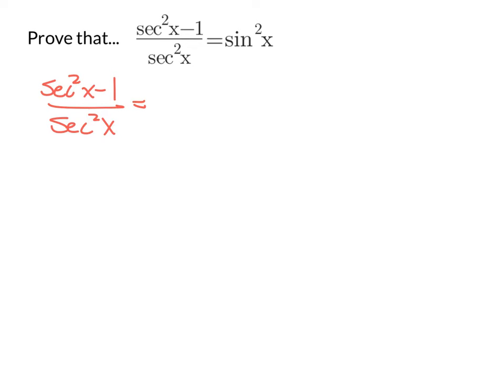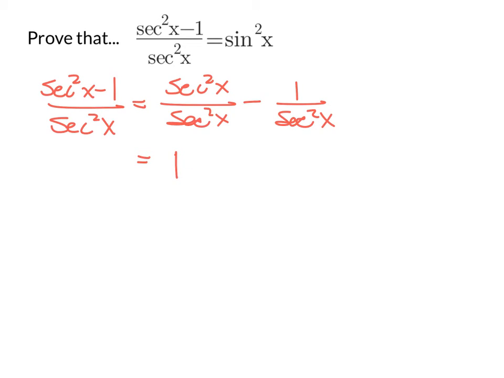But what I'm going to do is take this fraction and split it up into two separate fractions. Meaning I'm going to use secant squared over secant squared minus 1 over secant squared. Okay. So using that algebraic maneuver of subtracting two fractions, we can go ahead and simplify each of these fractions. Secant squared over secant squared, well, those will cancel out and leave me with 1.